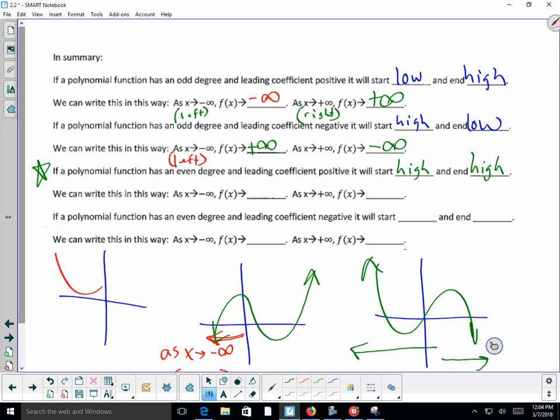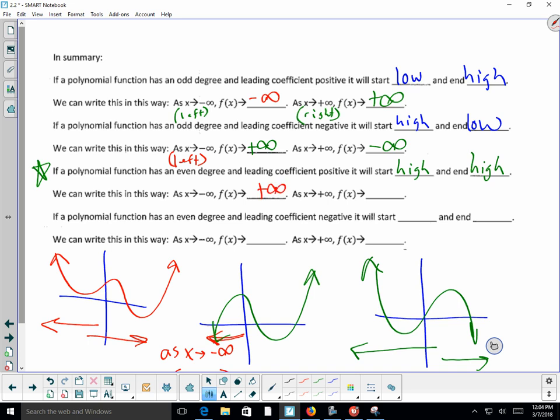Starts high, ends high, maybe the graph looks something like this. So as we go to the negative infinity, as we go further and further to the left, what's happening with the function? As we go to positive infinity, what's happening to the function? What are you going to say about that, Pierce? As x approaches negative infinity, f of x is approaching positive infinity.